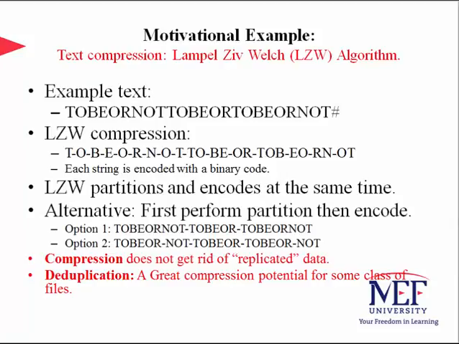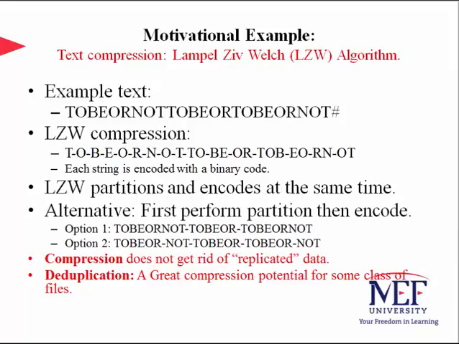All right, so let us consider a motivational example. A text compression algorithm called Lempel-Ziv-Welch will be the one that will be given an example of. The text is to be or not to be, or to be or not. If you put this text through LZW compression, it partitions and encodes the text at the same time. It creates a dictionary of letters first, and then combination of letters to create strings, and each string is encoded using a binary code.